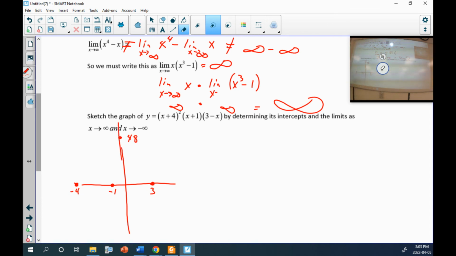Now we want to figure out the end behaviors. We kind of know the end behaviors, but it's kind of hidden here. So we're going to do the limit as x approaches infinity of (x + 4) squared times (x + 1) times (3 - x).